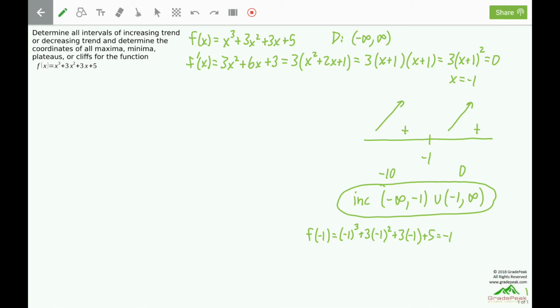Negative 1 cubed is negative 1. Negative 1 squared is positive 1 times 3 is a positive 3. A 3 times a negative 1 is a negative 3, and then plus 5. The 3's can cancel, and negative 1 plus 5 equals 4.